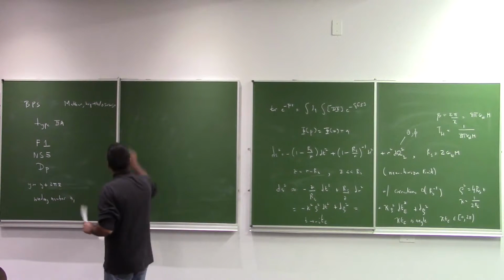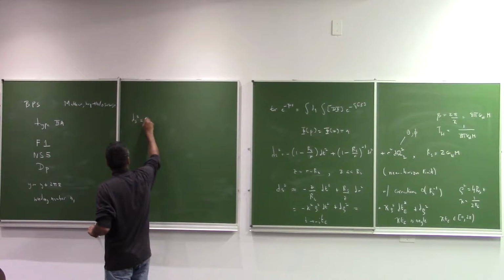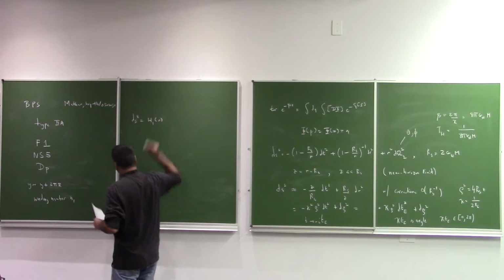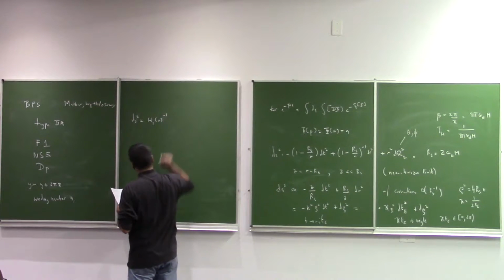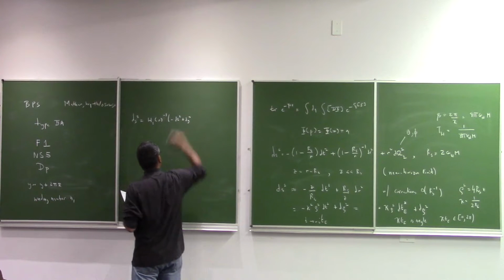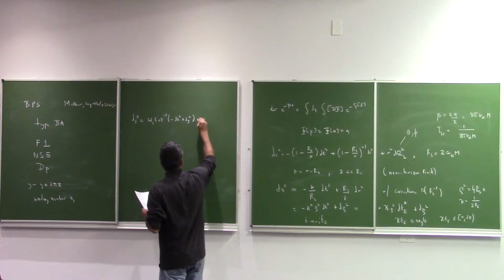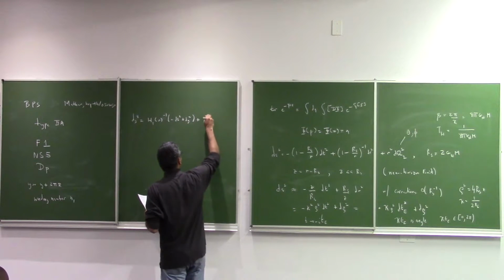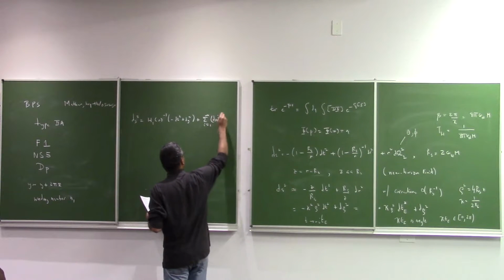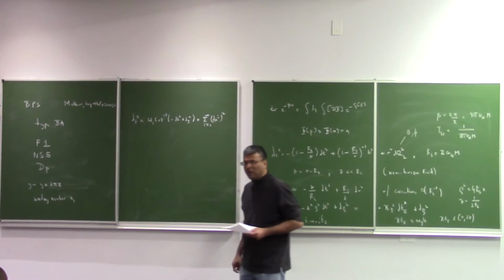The metric looks like ds squared equals H1 of r inverse times minus dt squared plus dy squared, plus the sum from i equals 1 to 8 of dx_i squared.